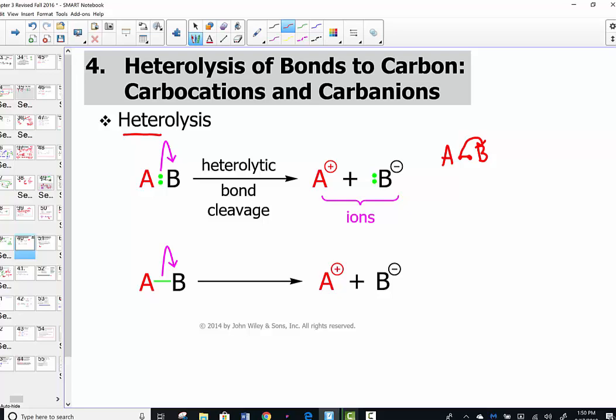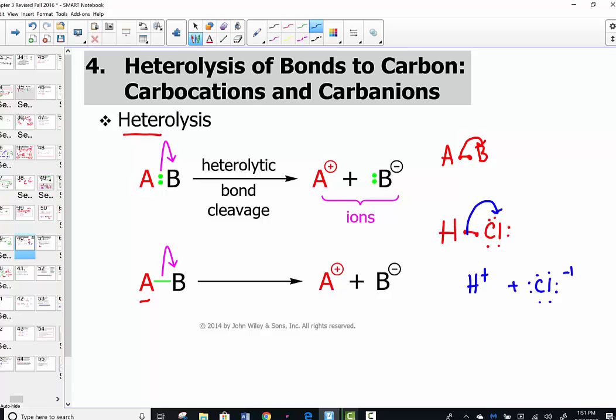So you see, if that happens, A results in a net positive charge, and B would result in a net negative charge. Suppose, just to put this in perspective, if HCl underwent a heterolytic bond cleavage, and the shared pair of electrons in HCl, when this bond broke and both sets went to the chlorine, the more electronegative, you would end up with H+, no dots, and Cl negative with 8 dots.